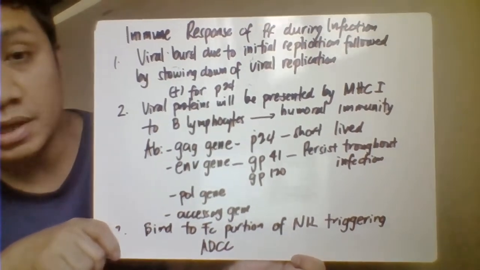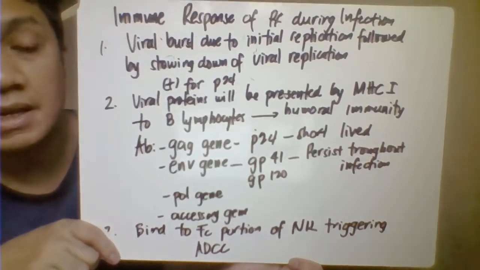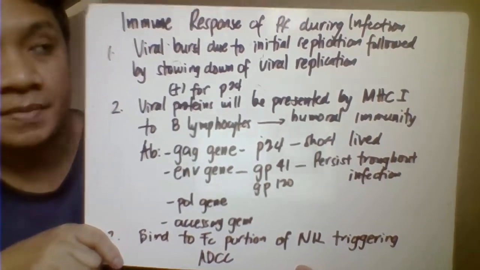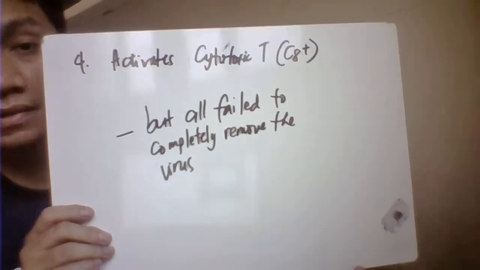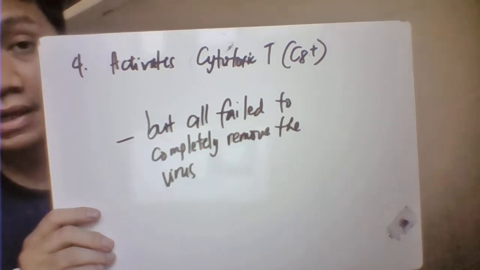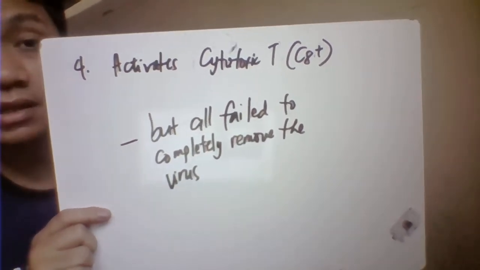The next one will also activate your NK cells through the antibody-dependent cell-mediated immunity. And then another one, it will also activate our cytotoxic T cell, or CD8 positive. That's your cell-mediated immunity.